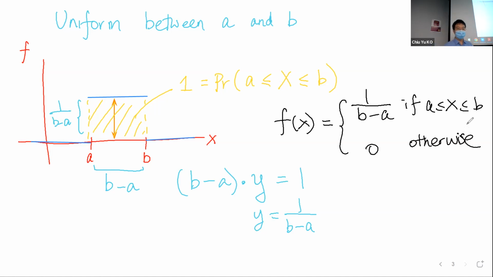So that is how we get the graph of the uniform. I hope this helps you understand why we have this.